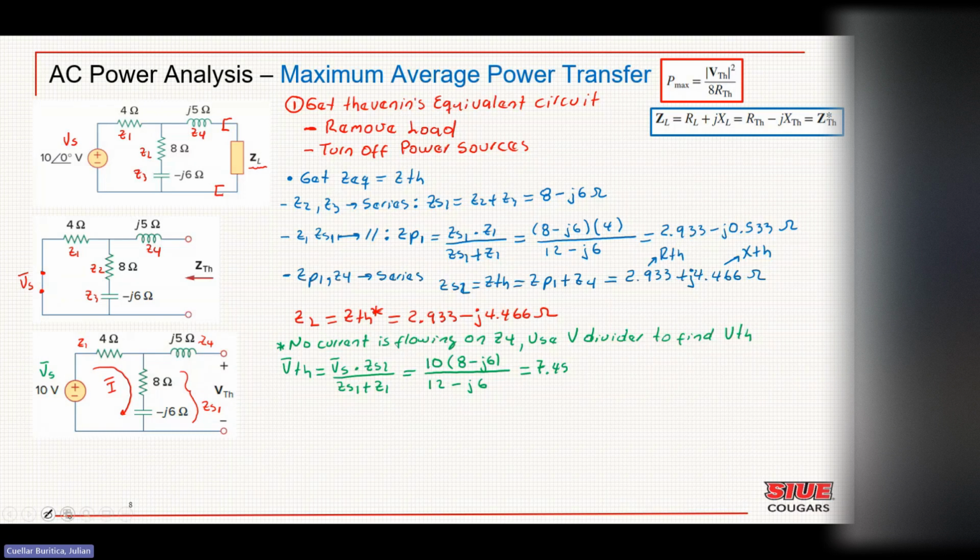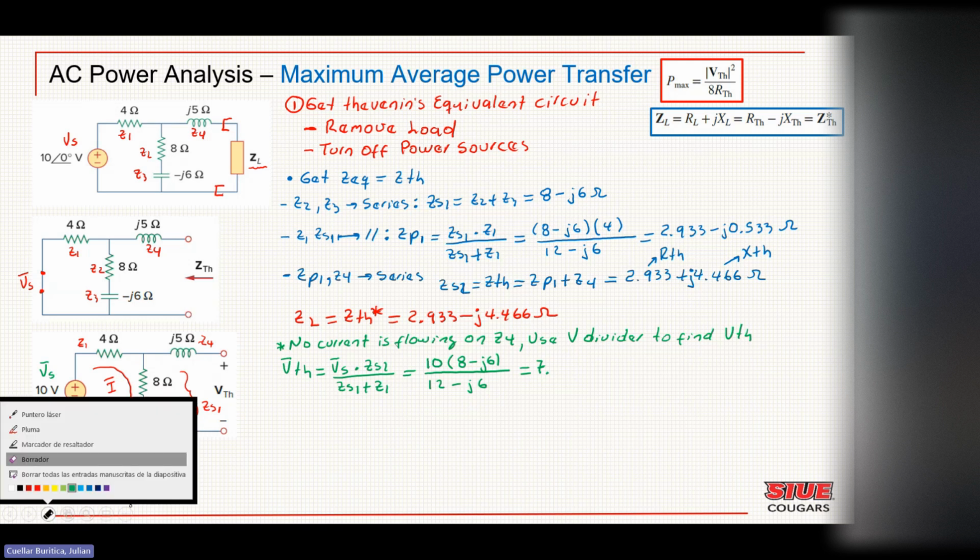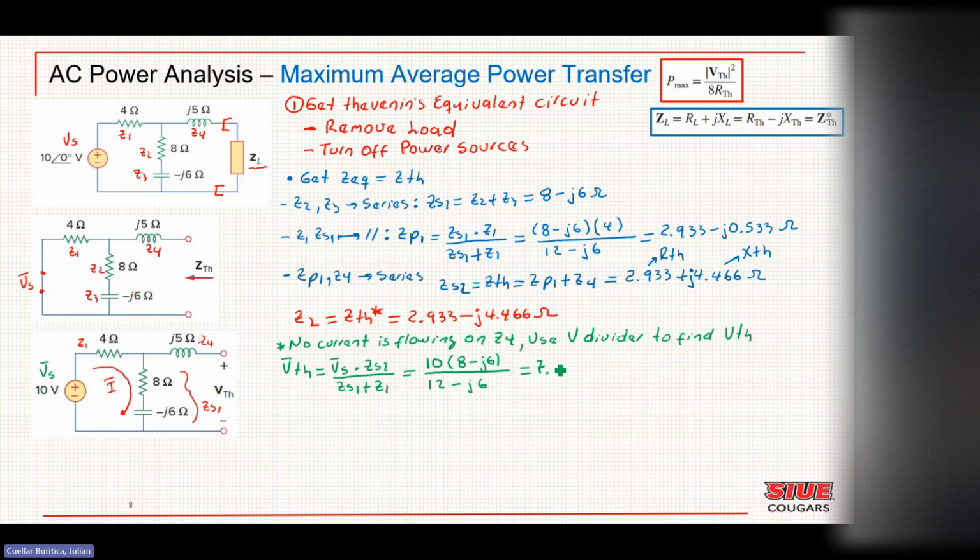I want to write the rectangular form too, then you can check all the numbers and see if you get the same. 7.333 minus J 1.333, and that's equal to 7.4536 at an angle of negative 10.3048 degrees, and those are volts.